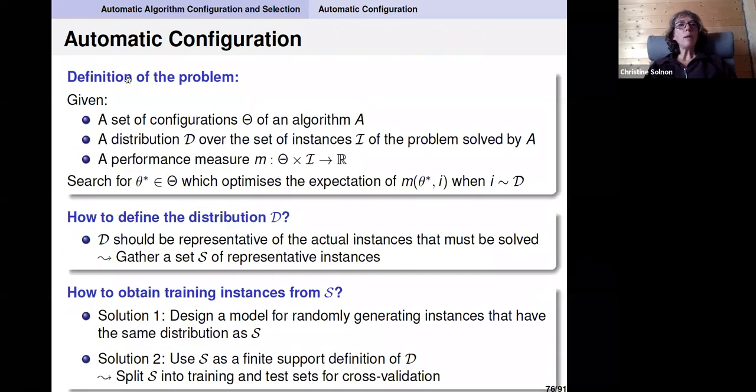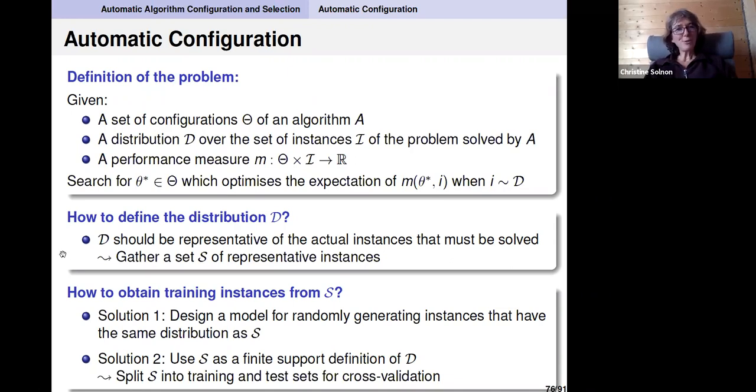The problem of automatic configuration is, given a set of configurations for an algorithm, a distribution over a set of instances, and a performance measure, our goal is to find the configuration which optimizes the expectation of the measure for the instances which correspond to this distribution.